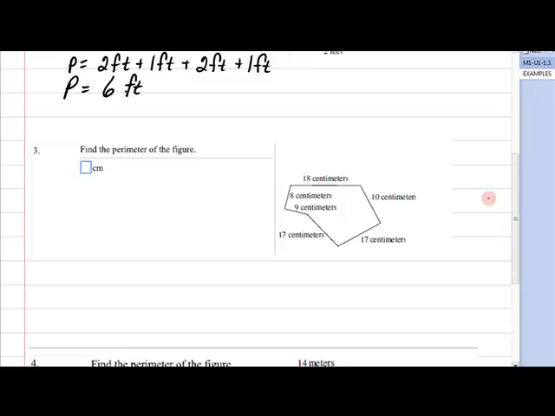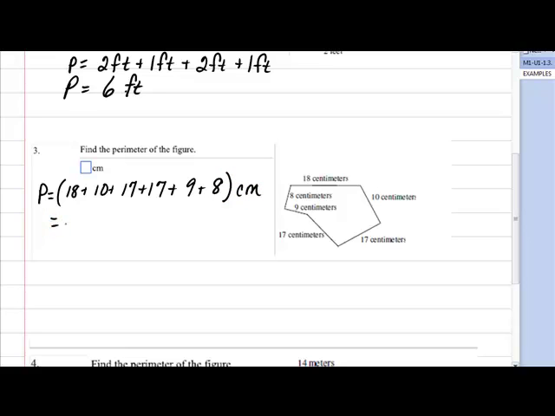Number 3, this is sort of an irregular shape, but the perimeter is the same. This time I'm going to write down each one of the numbers, putting it in the sum in parentheses, and I'm going to put centimeters on the outside. Starting at the top, it's 18 plus 10 plus 17 plus another 17 plus 9 plus 8. And I'm back to the top, close the parentheses, centimeters.